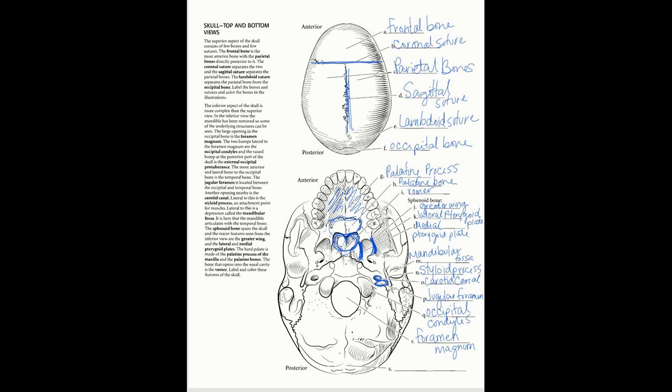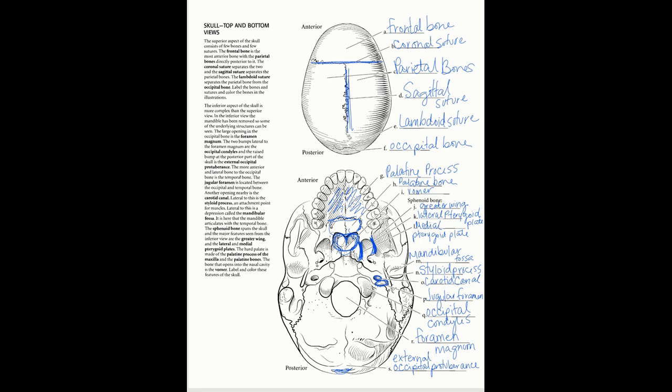And then finally, we're getting an inferior view of the protrusion back here that we know as the external occipital protuberance. And again, at the external occipital protuberance, we're going to have muscle attachment so that we can nod.